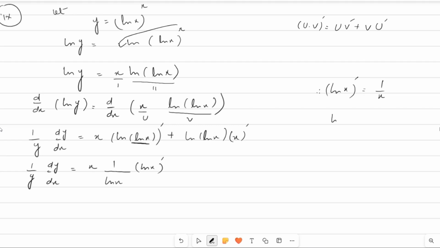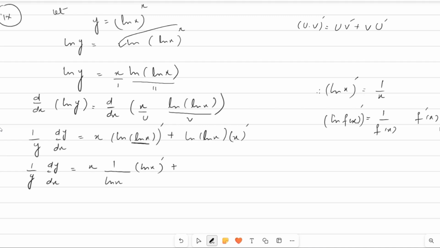And if we are having ln f of x, so 1 upon f of x, and then the derivative of f of x will also be coming. So here this is a function. So ln will take it in the denominator, 1 upon ln x, and then the derivative of this denominator function, the ln x derivative, will be there.